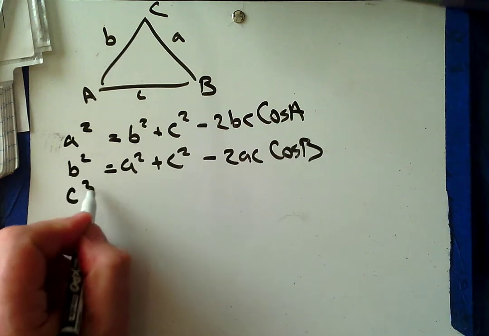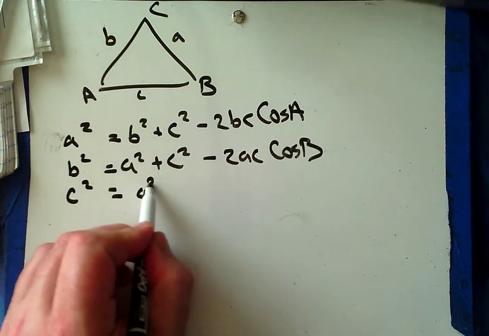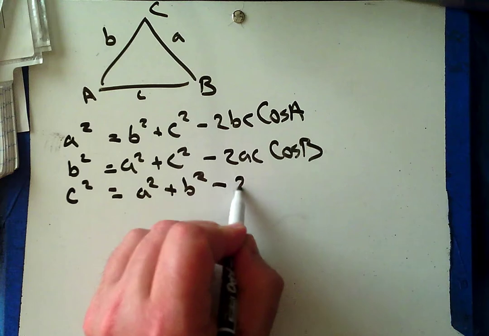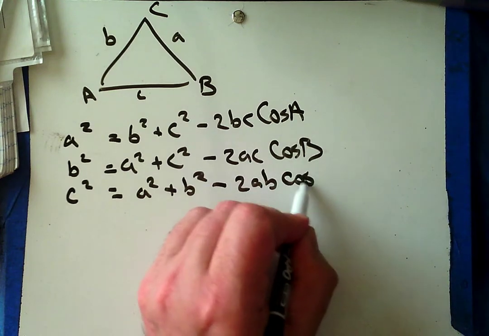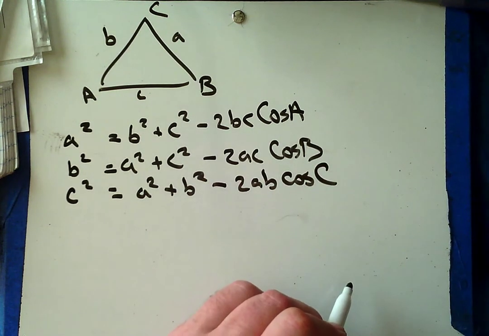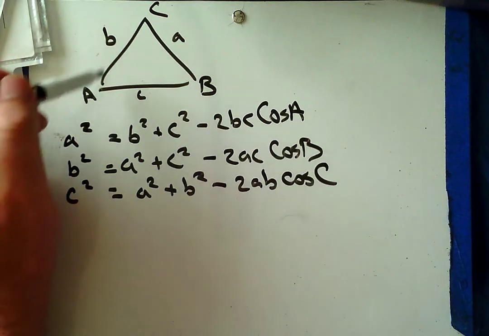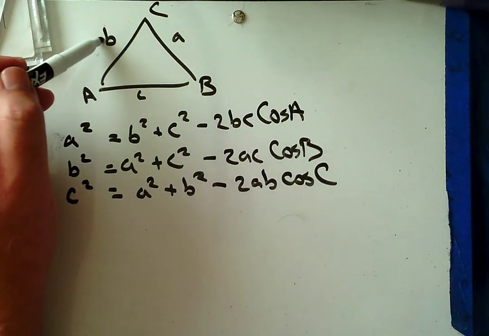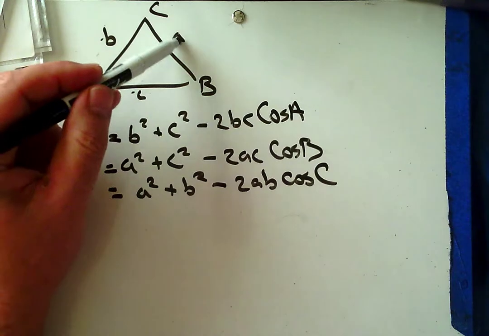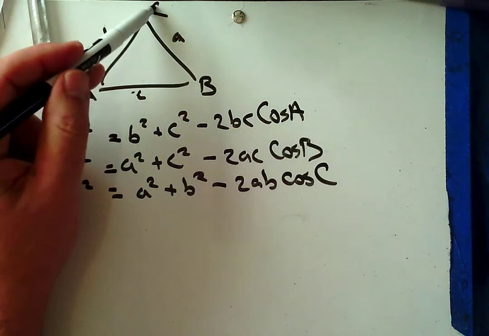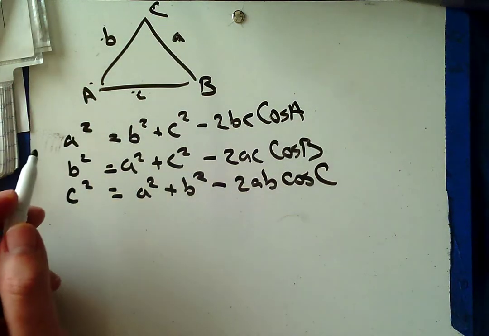Or c squared equals a squared plus b squared minus 2ab cosine c. So we can use law of cosines with any side angle side grouping that we've got.